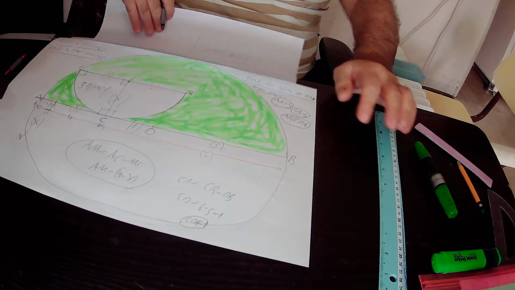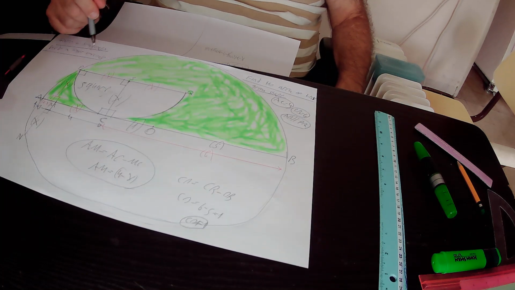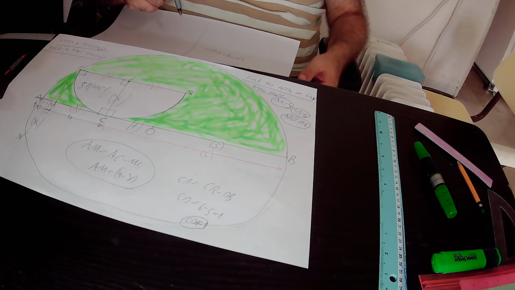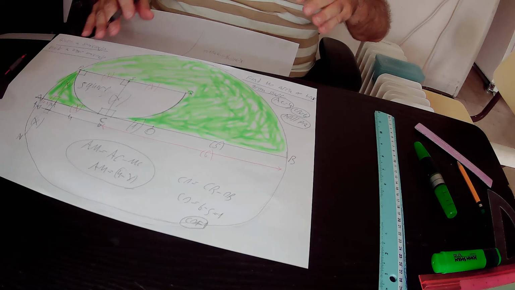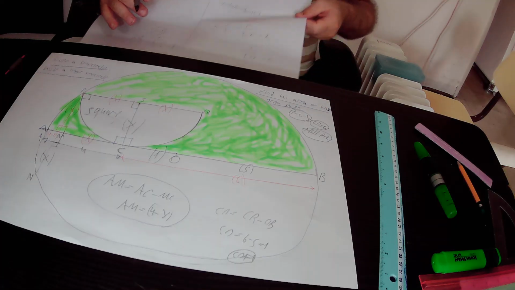That is to say, the radius of this small semicircle x equals 3 units in length. Again, our task is to find the area of this green shape.